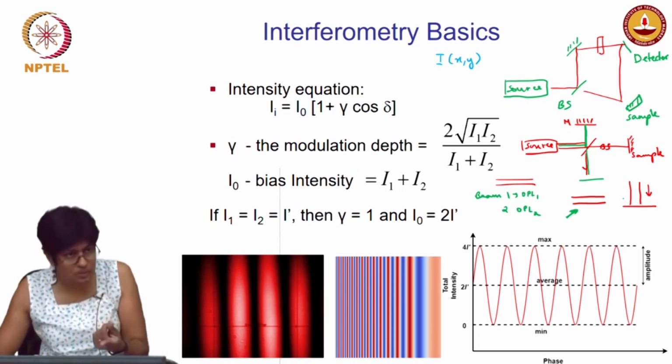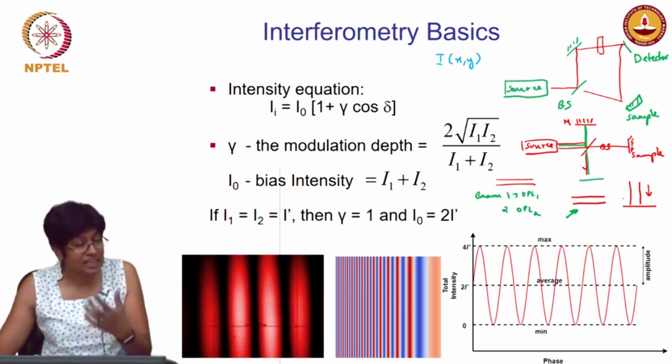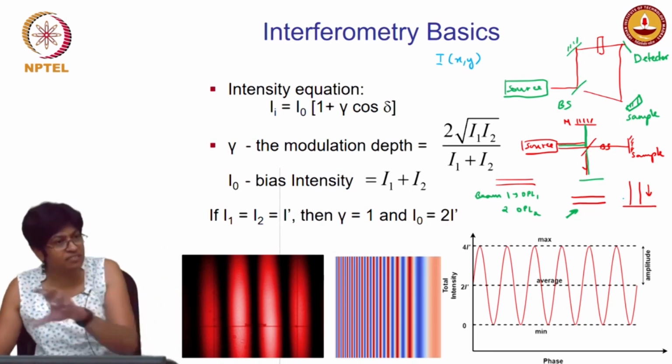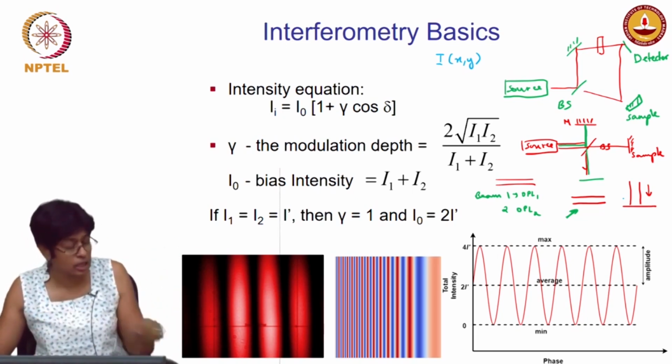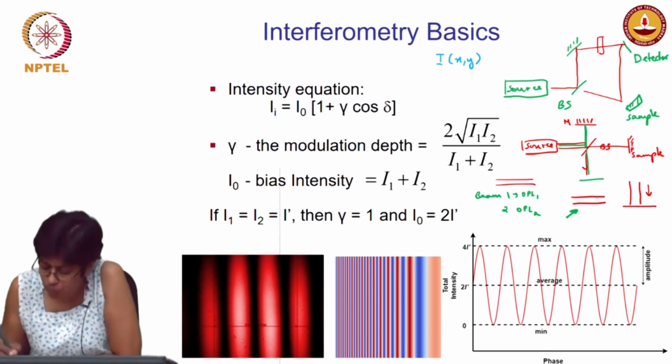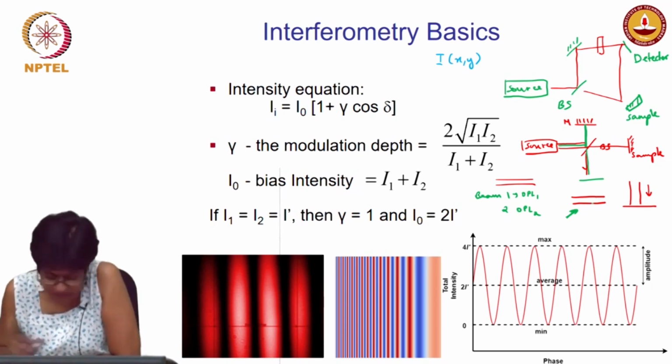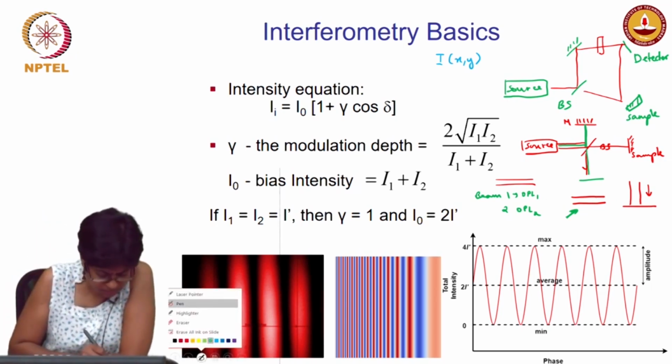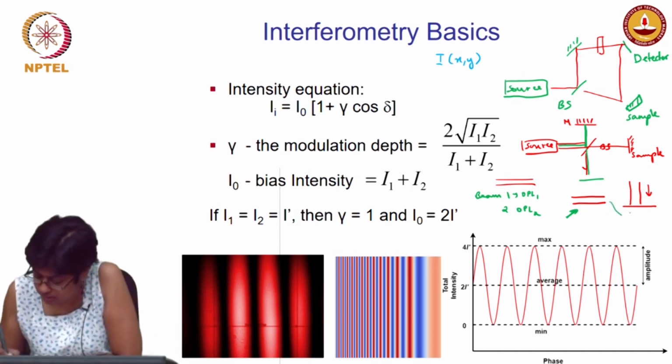In order to see fringes, I need to have a spatially varying path length difference. So in this case, what you will see is a uniform intensity. So the result will be a uniform intensity.